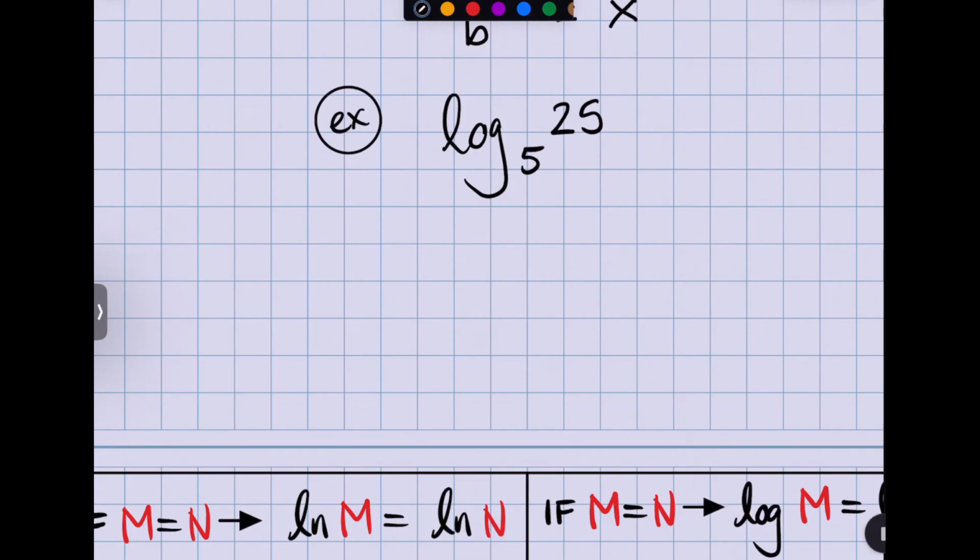The only thing I can do here, guys, is when I see this base, I try to make the number also with the same base. So in other words, I can write this as log base 5 of 25 being 5 squared.